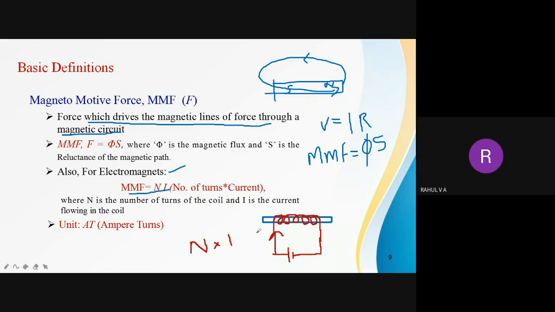So when you give supply like this, what happens? Flux actually flows from one end to the opposite end. The magnetic lines of force will flow like this. When supply is not given or disconnected, no current will flow through this. So its unit is ampere turn.